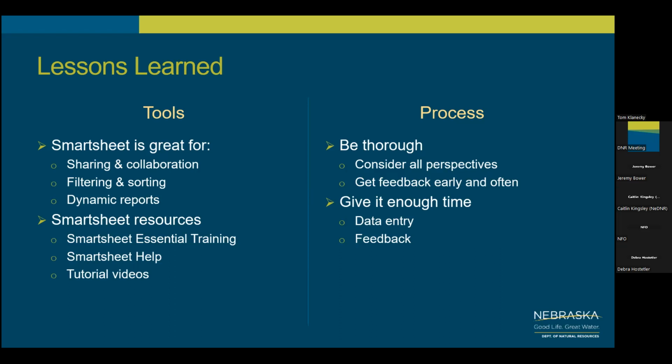Another thing, just making sure that we left enough time throughout the process for both data entry and feedback. We gave the coalition about a month and a half to review their sheet of no more than 10 items, and they're all busy people.